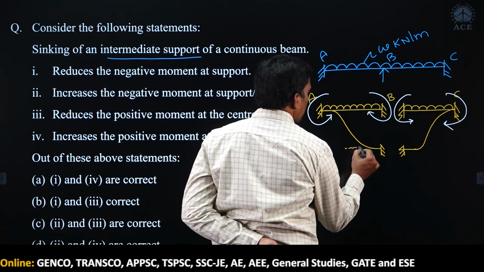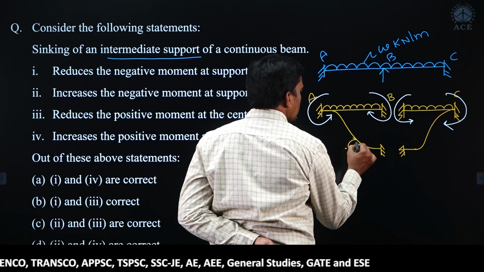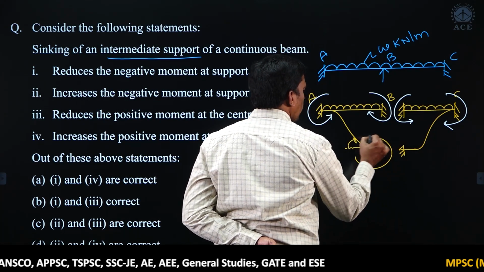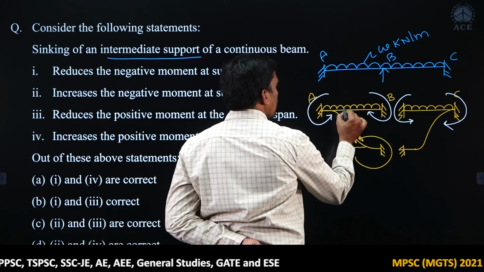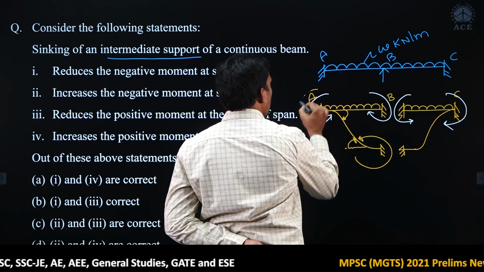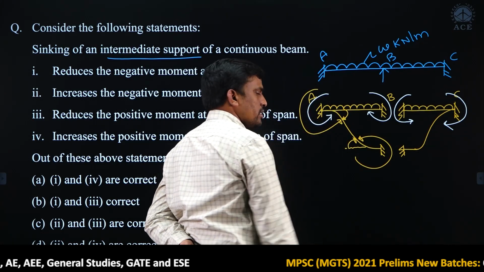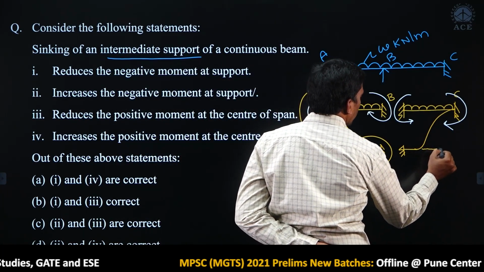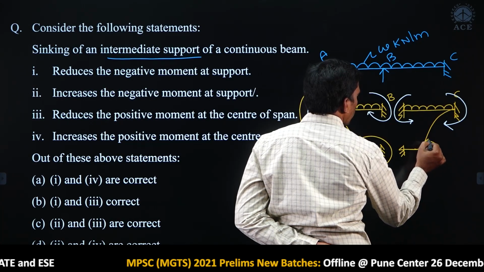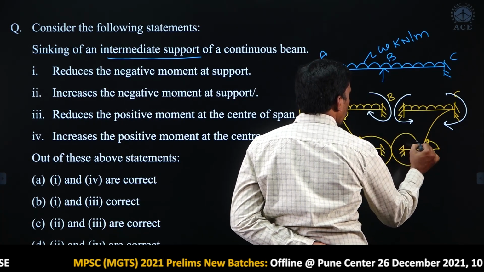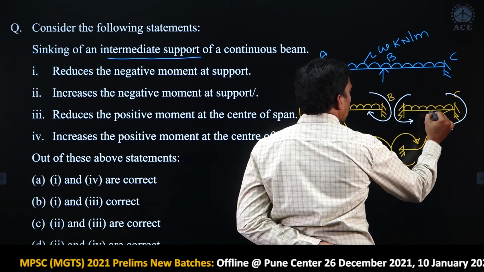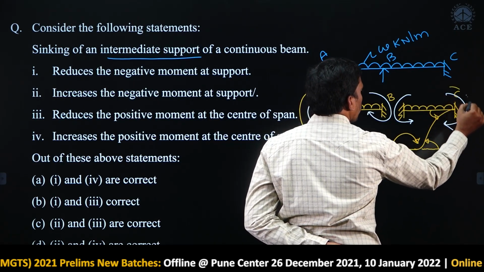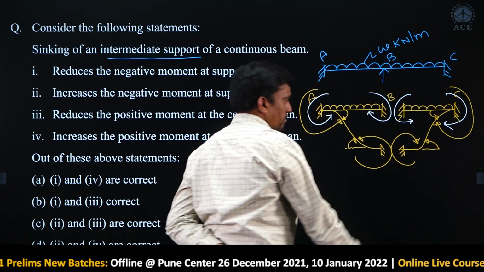Okay. So with respect to horizontal towards right support, rotation is clockwise, movement reaction is anti-clockwise. Then here with respect to horizontal towards left support, rotation is anti-clockwise, movement reaction is clockwise.